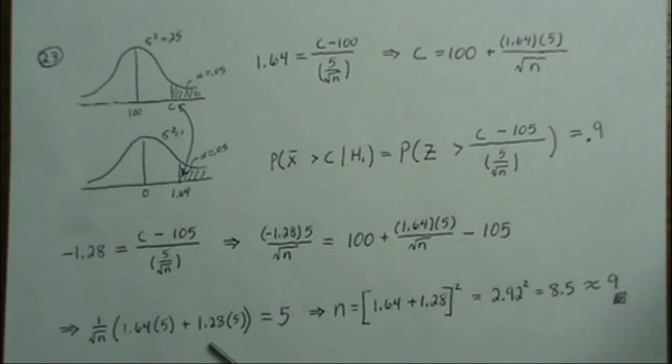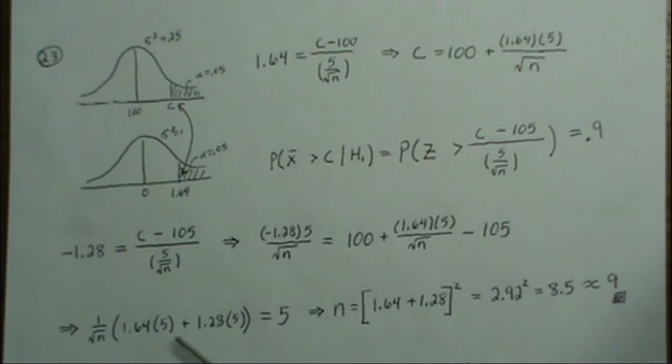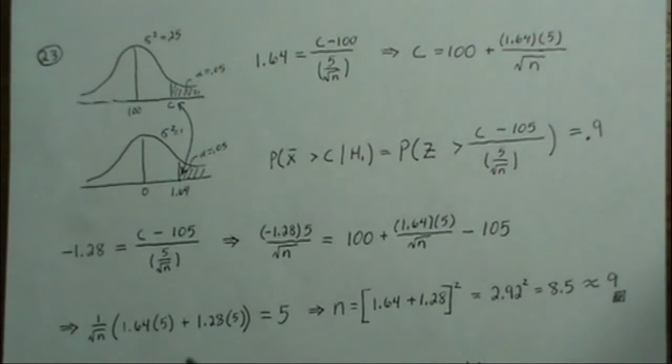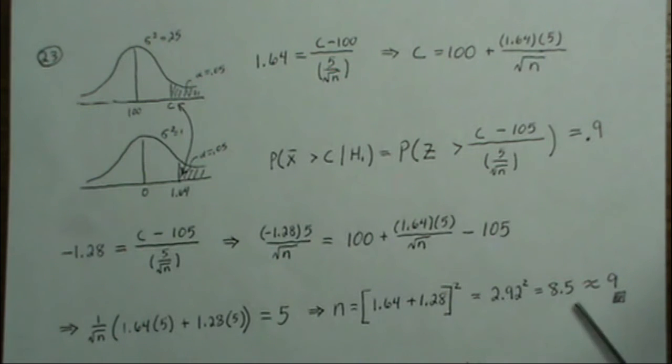In fact, you can divide out 5 everywhere, and that goes away. Multiply the n up, and then square both sides, and we get 8.5. But if we round down to 8, then the power is not quite 0.9, so we have to round up to 9, which is why the problem stated at least 0.9 power.